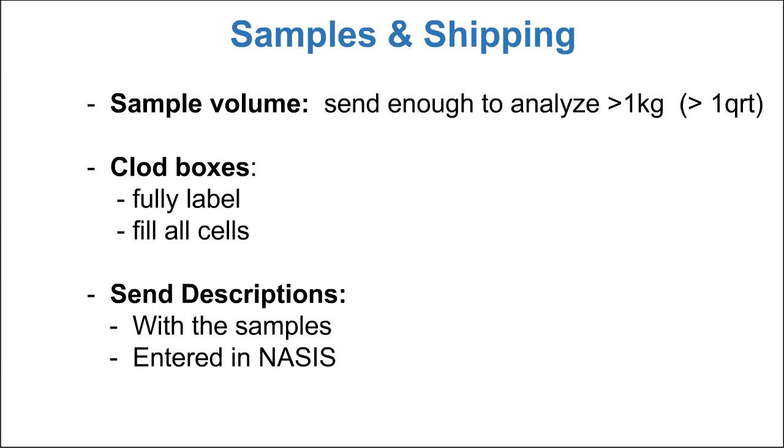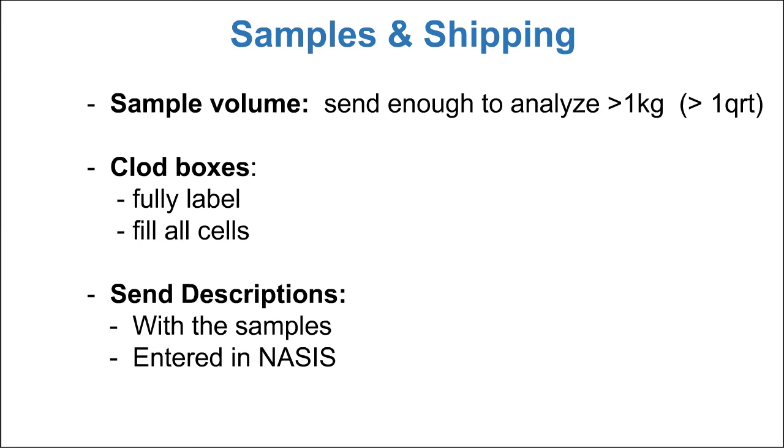So for shipping purposes, if we don't completely fill all 24 cells in a clod box, we want to fill the empty cells with packing material, because there's a big potential to compromise the samples during shipping. So filling the empty cells with something before you ship them is very, very important.